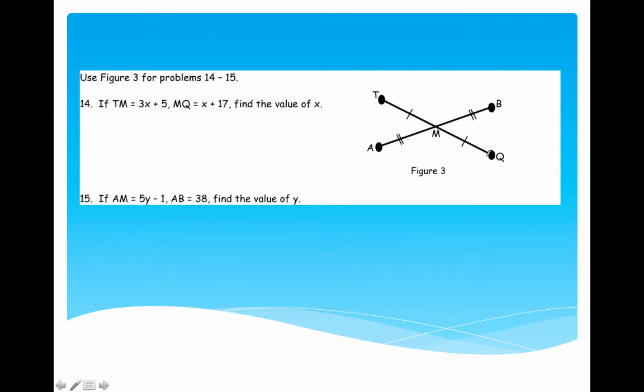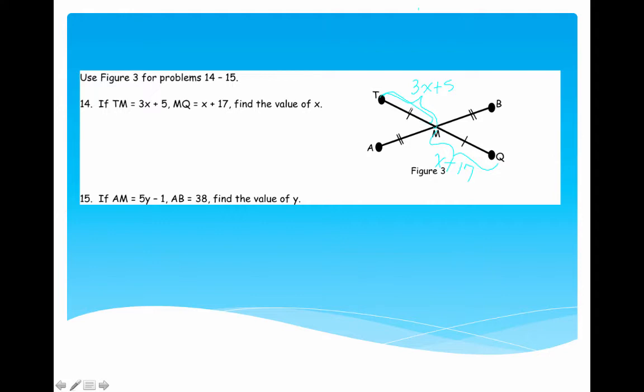So this one, you can see we have another one of these where they're bisecting each other, and we're given first TM is 3x plus 5. MQ is x plus 17. And we want to find x.